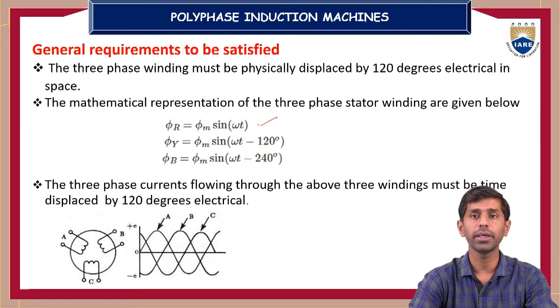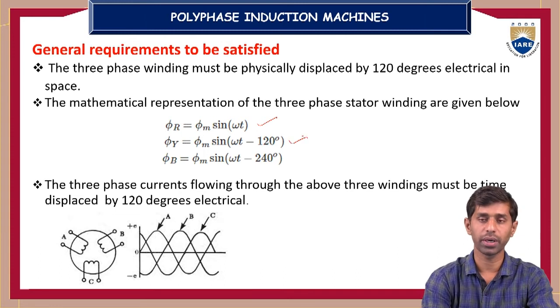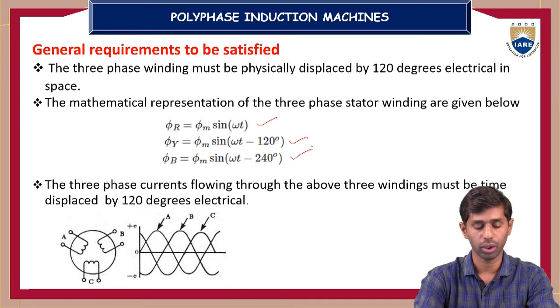Phi Y, the flux produced by Y phase, is phi m sine (omega t minus 120 degrees), and the flux produced by B phase is phi m sine (omega t minus 240 degrees).